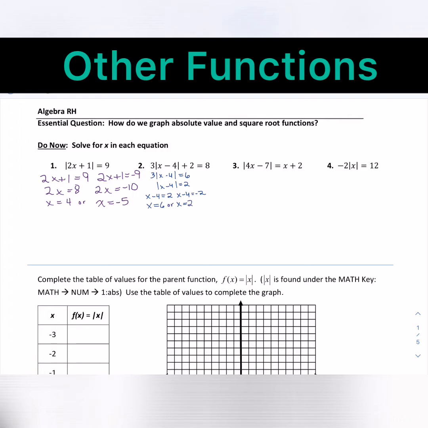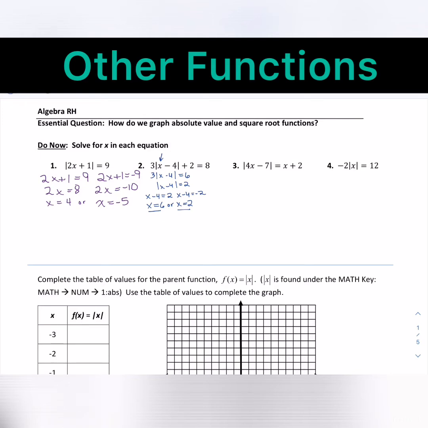So we have two values of 6 or 2. Now just keep in mind, always go back and take these values of x and plug them back in to the original equation, just to double check that it does work. That is really, really advantageous to do always. Get in that habit.